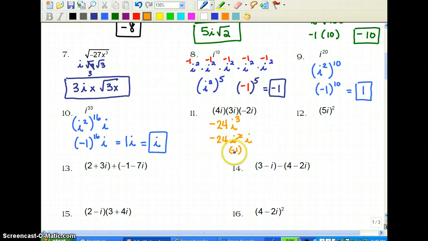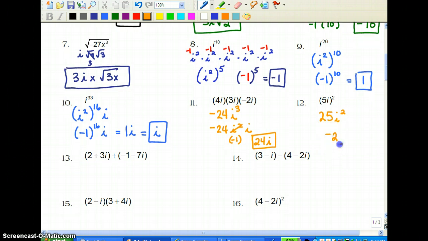Negative 24 times negative 1 is positive 24i. So you can never have anything in your answer except for a single i, because you got to get your i squared simplified. Number 12, that would be 25i squared. i squared is negative 1, so negative 25.